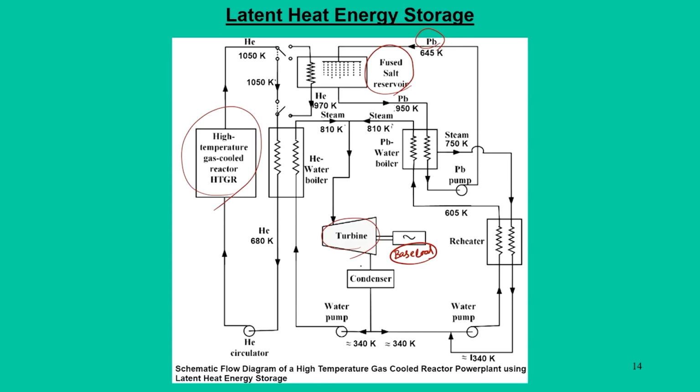So, what it does is that we take out some steam to this circuit, and maybe we take out some heat to add energy to this fused salt, and side by side the energy from the helium circuit can also be added here.